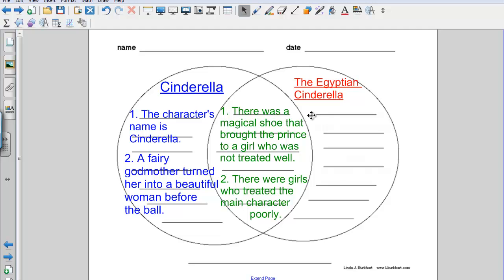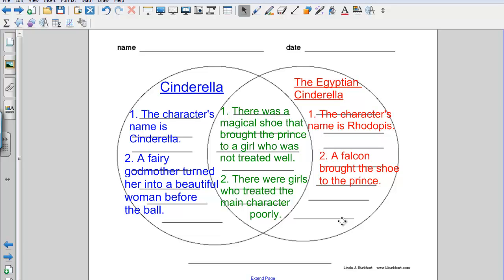In the Egyptian Cinderella, the main character's name is Rhodope. In the Egyptian Cinderella, a falcon brought the shoe to the prince. Altogether, I have 6 sentences with correct capitals and end punctuation.